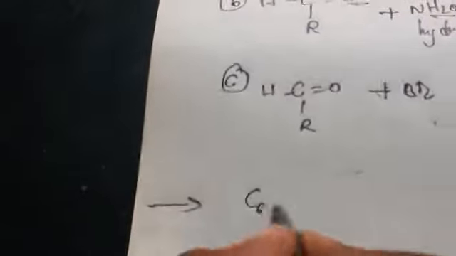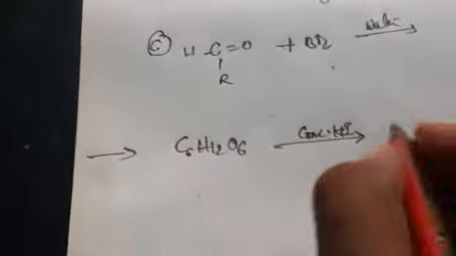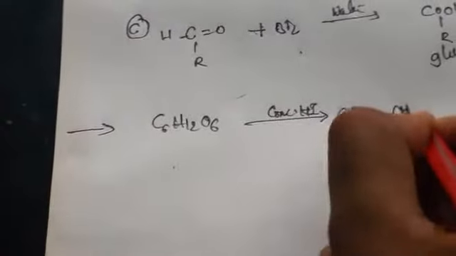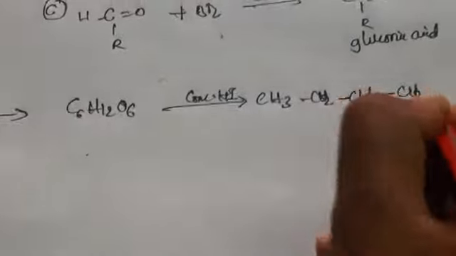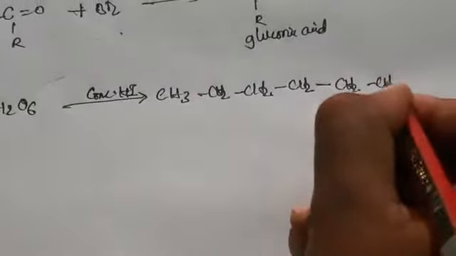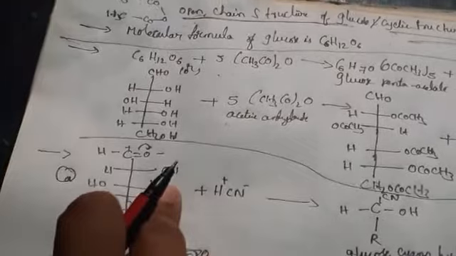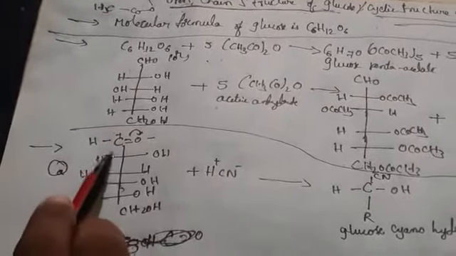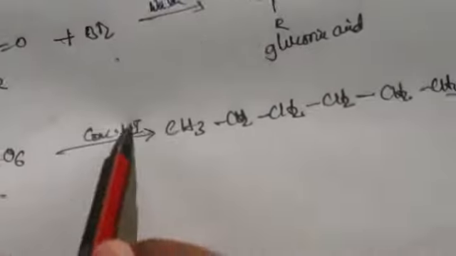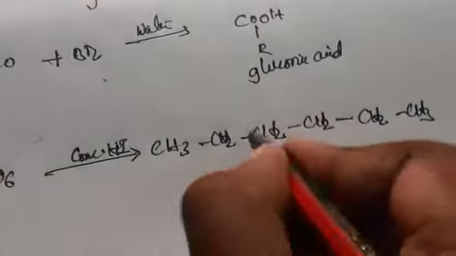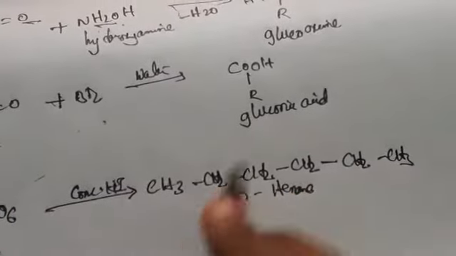When glucose, C6H12O6, is treated with concentrated HI, hydrogen iodide, it gives CH3, CH2, CH2, CH2, CH2, CH3, that is n-hexane.